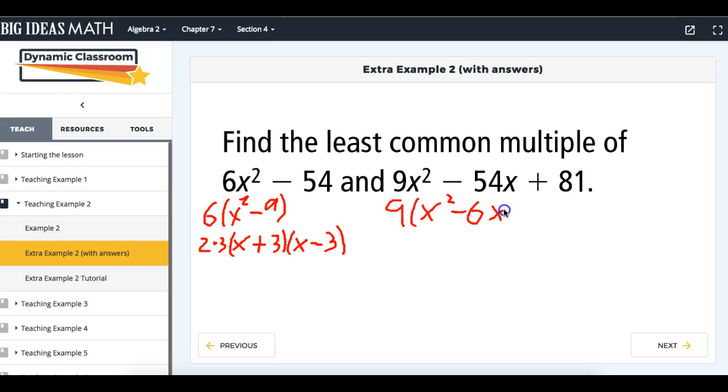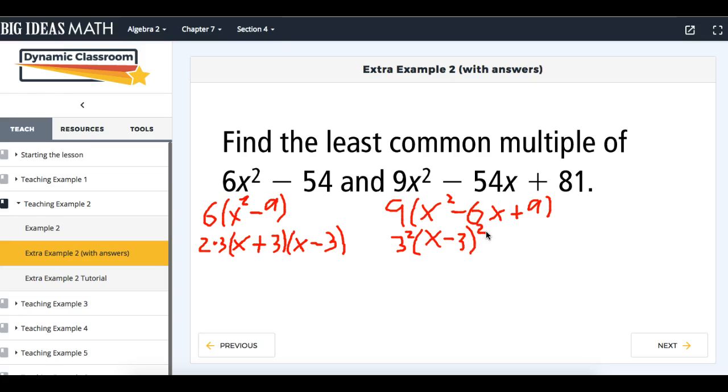And then if we take a 9 out of 81, we're left with plus 9. Now we factor again. If we factor 9, it's just 3 squared. And then when we factor x squared minus 6x plus 9, we're just left with x minus 3 squared. Okay, that's how we factor this.